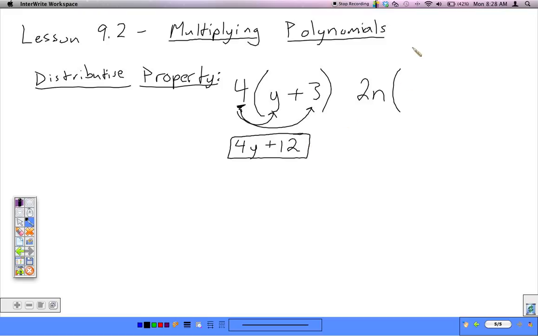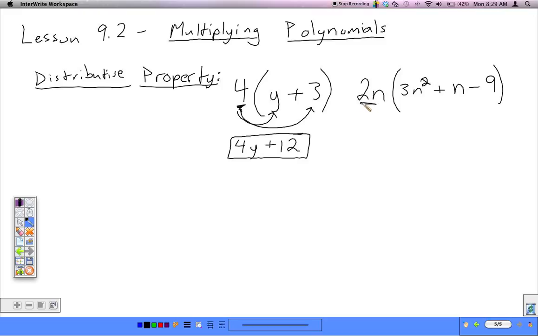So let's go 3n squared. Plus, we'll do a regular n, and we'll also do a minus term of 9. That way you can see what happens when our signs change too.